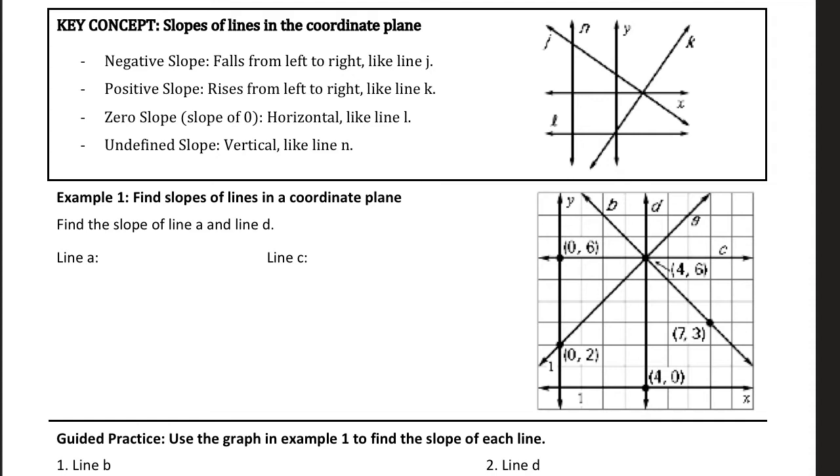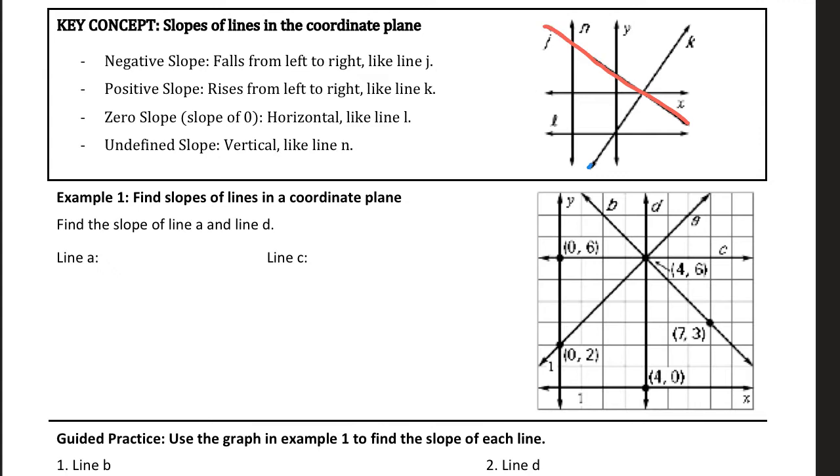Slope is the rate of change of a line. So if we look at this diagram on the right, negative slope is represented by line J. That is a line that falls from left to right. That's a negative slope. Positive slope rises from left to right.